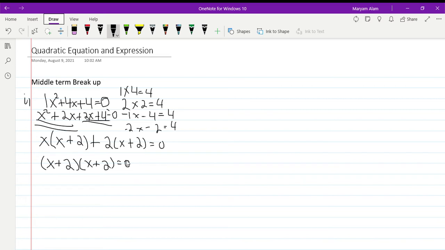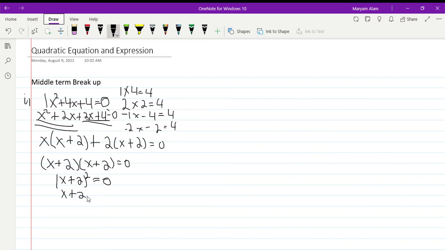Look at this, both factors are equal, x plus 2. So we can write x plus 2 whole squared, because we are multiplying the two factors in the same way. So x plus 2 whole squared equals 0.